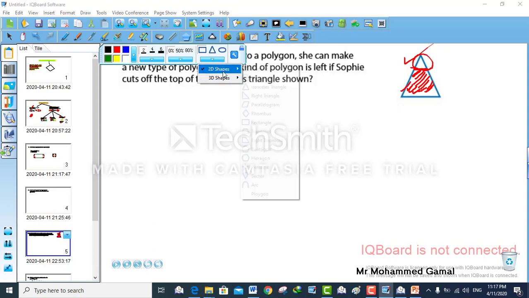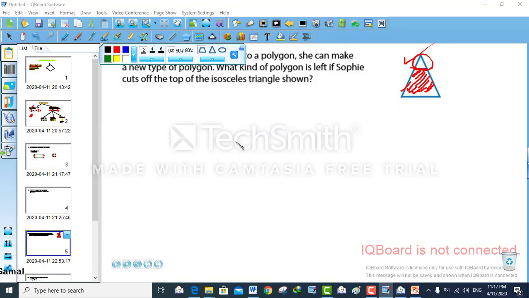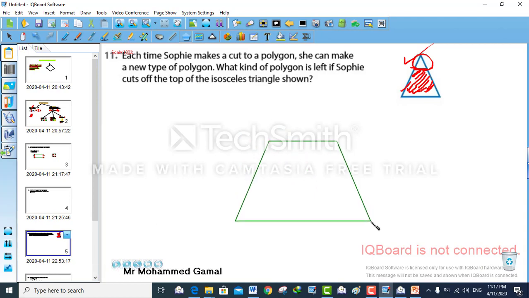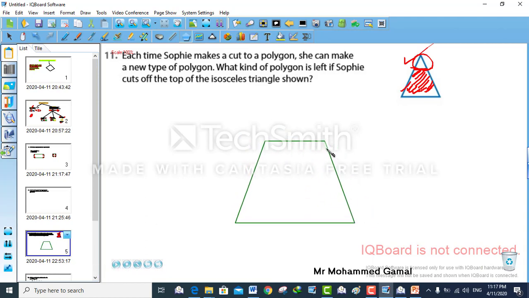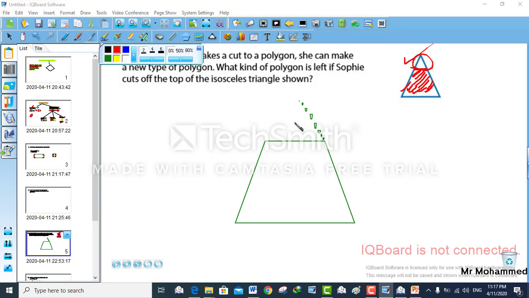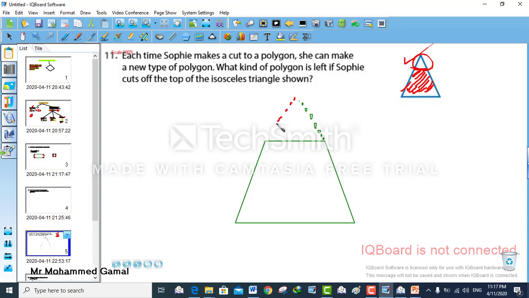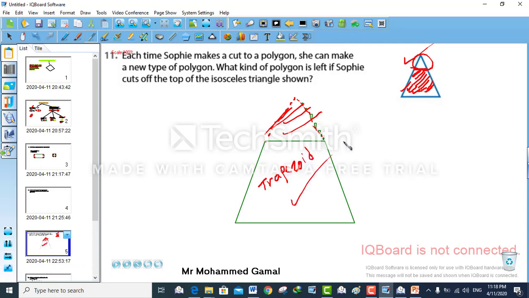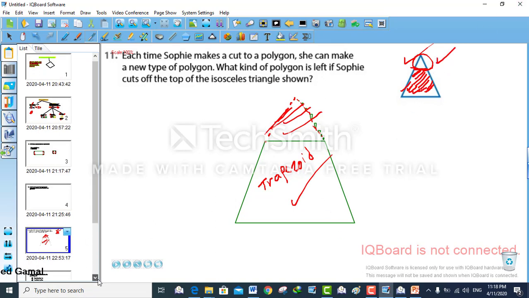It was a triangle like this, and we cut this part, so we are left with, yes, a trapezoid. So the shape after you cut this part is a trapezoid.